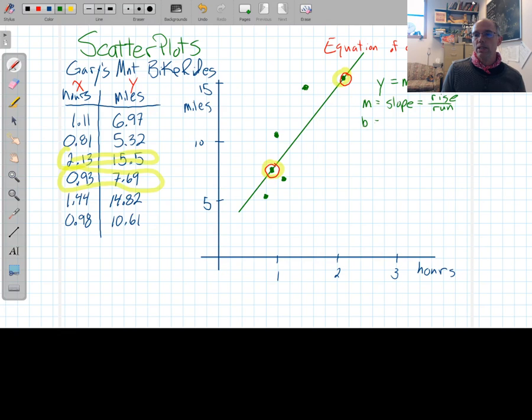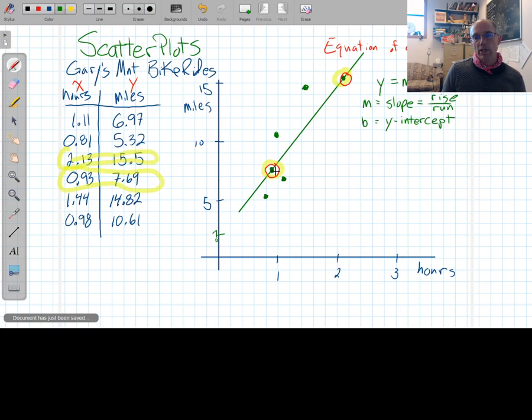And b is known as the y-intercept, and that's where the line would hit the axis. So we can kind of estimate if we pull that line through a little farther. Looks like it's going to hit around 2-ish for the y-intercept.